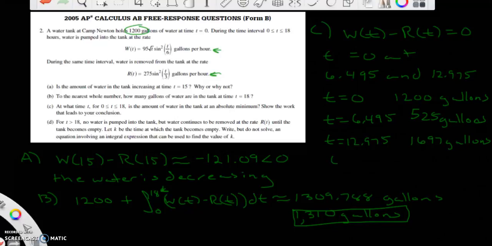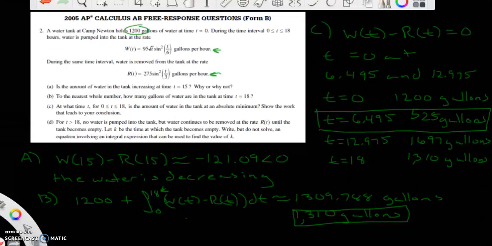And then the last one, t of 18, which was the 1,310 gallons. So the minimum is going to be the smallest one of these, which is right here, which you could kind of tell if you looked at your graph. The function or the rates being subtracted from one another was going in a decreasing direction. So it was kind of doing something like this.